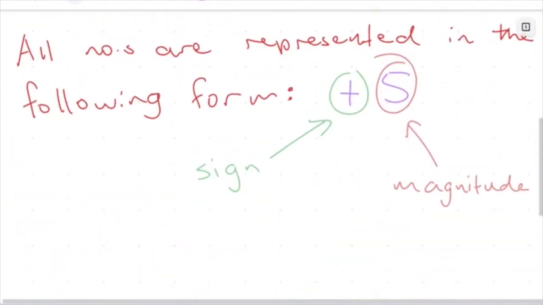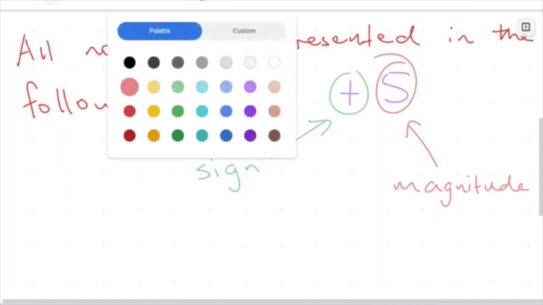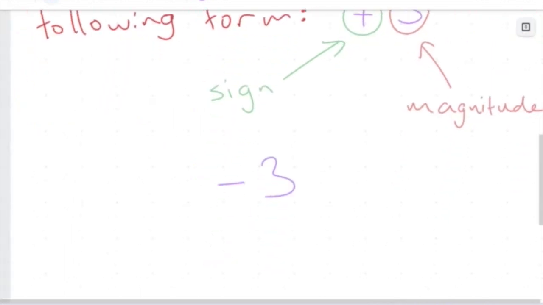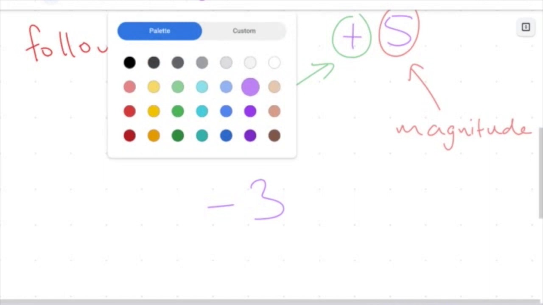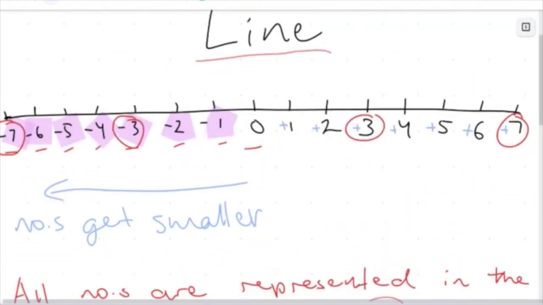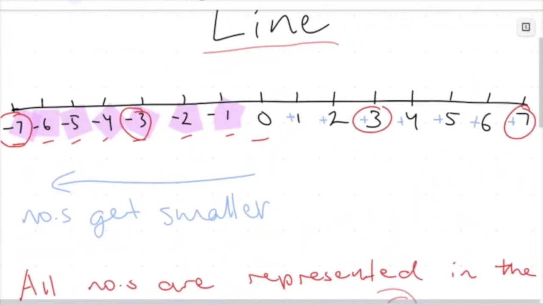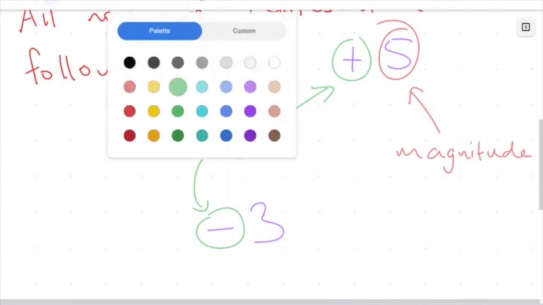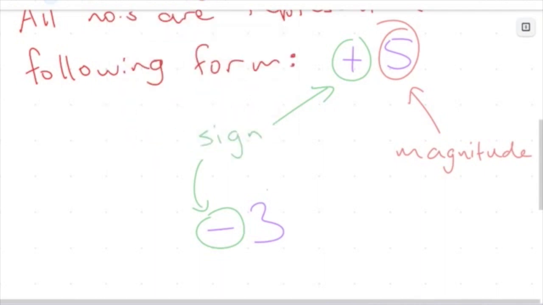Now, we can think of negative numbers in the same way. Take for example negative 3. Once again, it has a sign. It has a negative now instead of a positive, and this tells us it's on the negative side, on the left-hand side of our 0, our middle starting point. And it also has a magnitude, the size of the actual number.